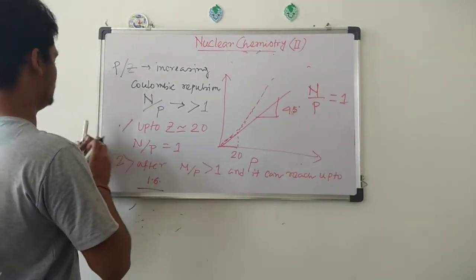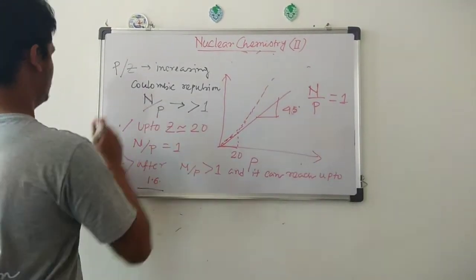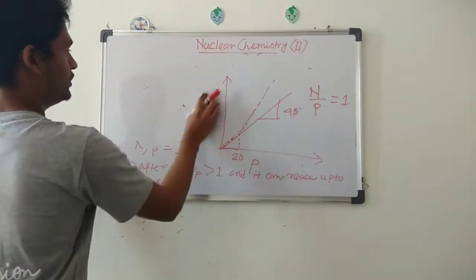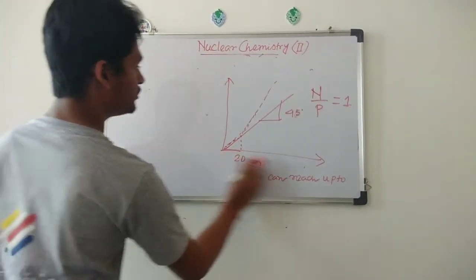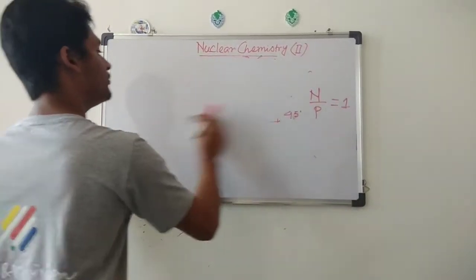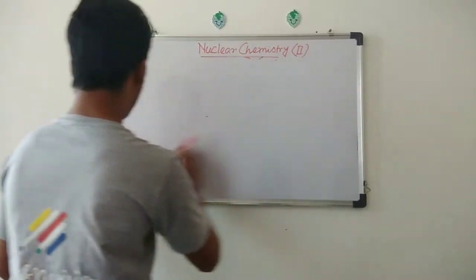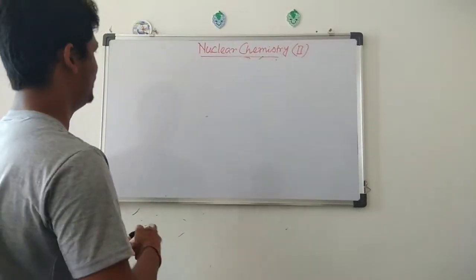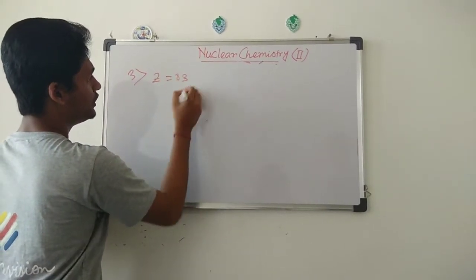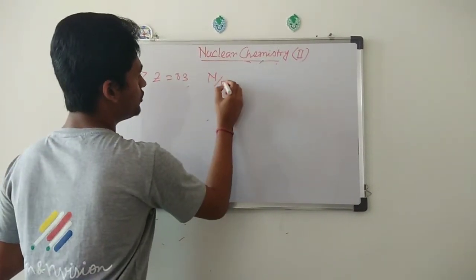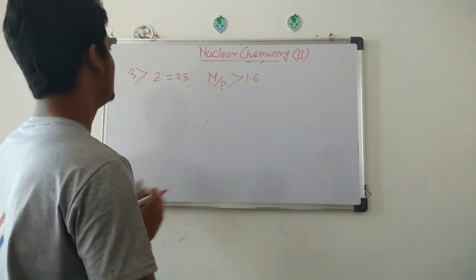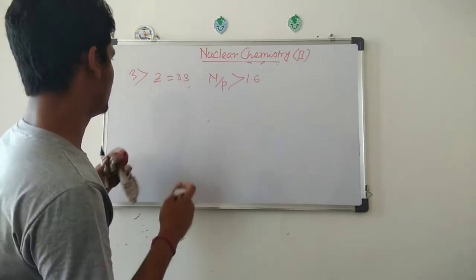Now, the third point: I think you have written down the things, so I am erasing all of this, and this graph also. After Z equals 83, the N by P ratio is greater than 1.6 also, it will increase, and these are not stable nuclides then.